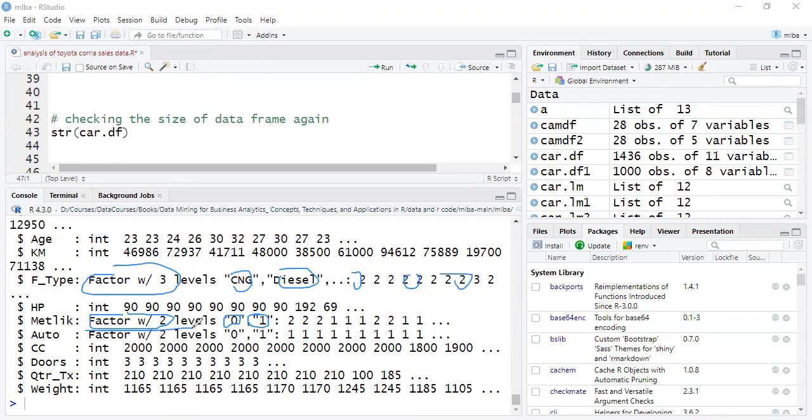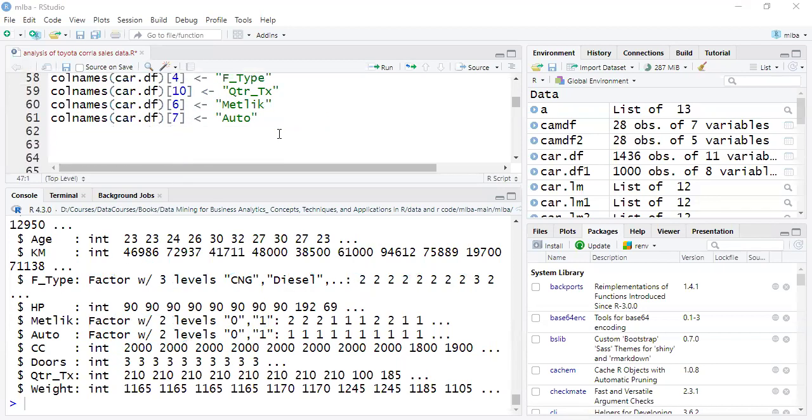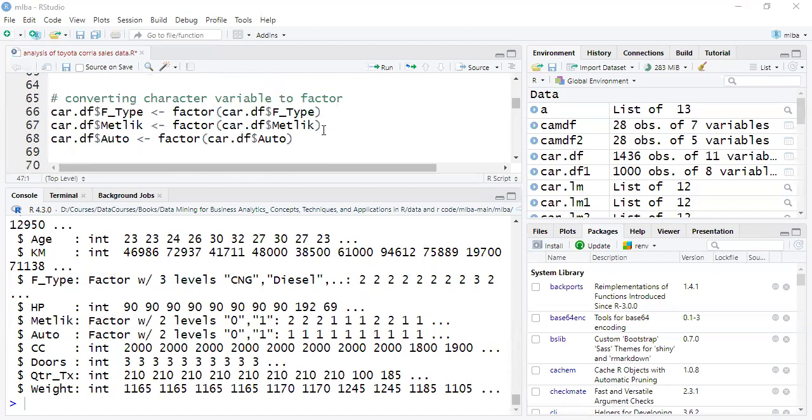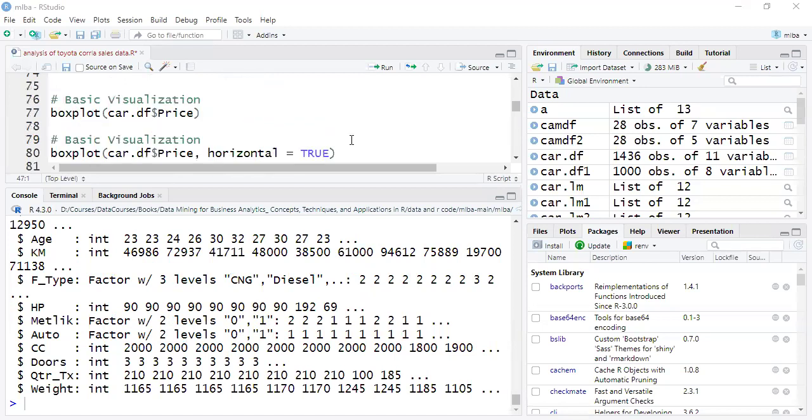Similarly, automatic has two levels: 0 and 1. 1 means the car is automatic. 0 means the car is manual. So after converting the variables into factors, we can analyze these three variables in a better way as compared to keeping them as strings.